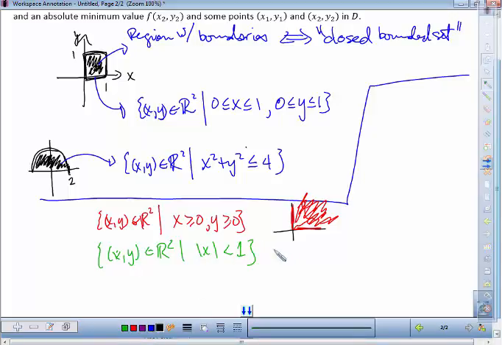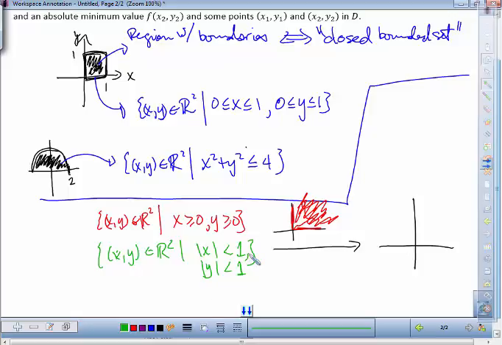What's this thing look like? Oh, maybe I should add the y also. Close, because I added this. These are both have to be satisfied.